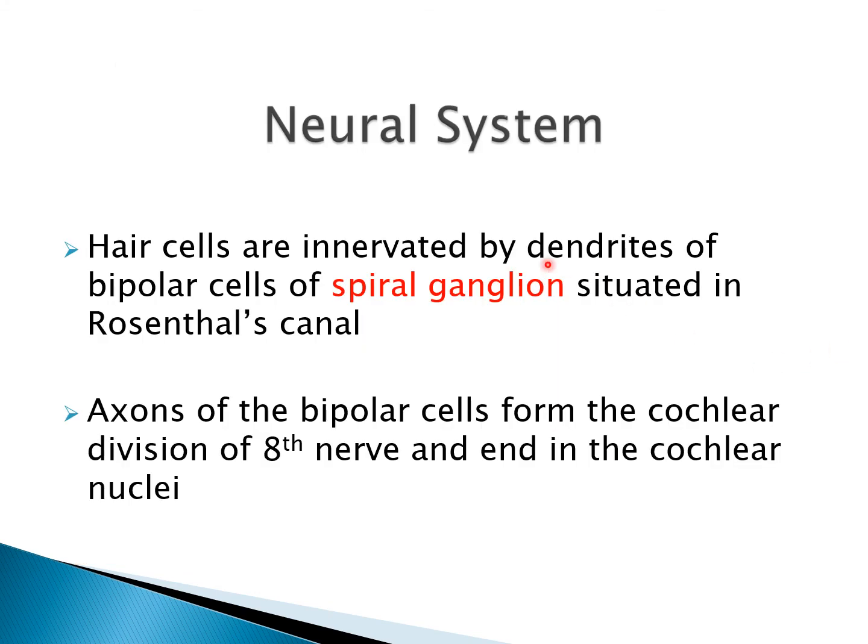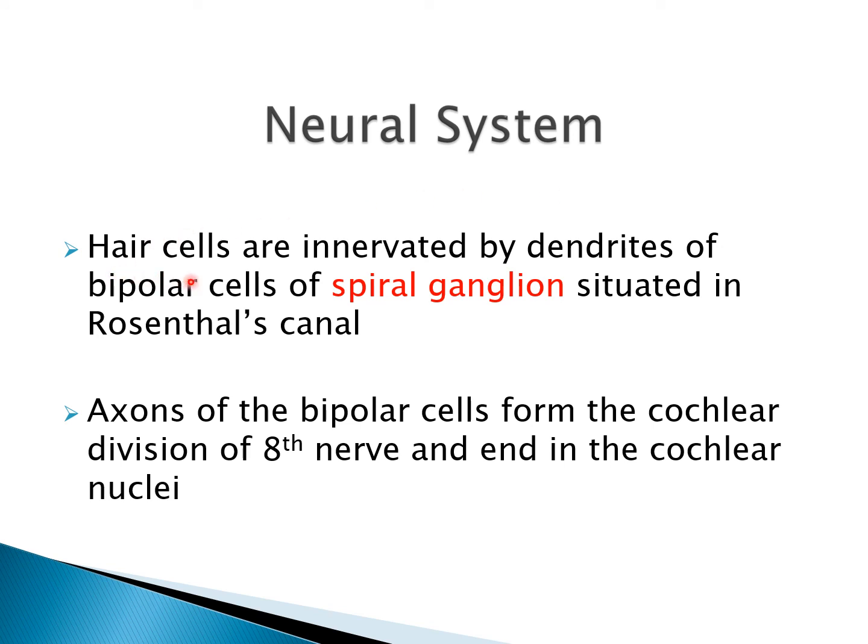Now finally, we saw the conductive apparatus of the sound, then we saw how that mechanical energy is converted into electrical energy in the cochlea, that is the sensory apparatus, and finally we see the neural system, that is, once that impulse is generated, how that impulse travels to the brain.